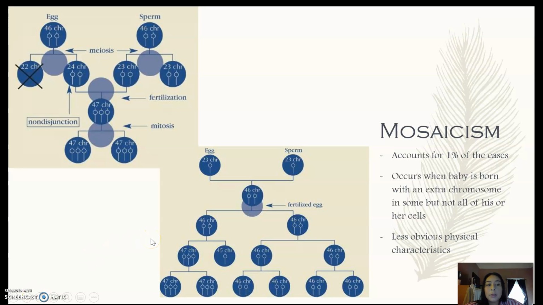The third type is mosaicism, which accounts for 1% of the cases. This one is very rare, and it occurs when a baby is born with an extra chromosome in some but not all of his or her cells. This one will have less obvious physical characteristics. Here, as you can see, is a visual form of trisomy 21, and this is a visual form of the last one.